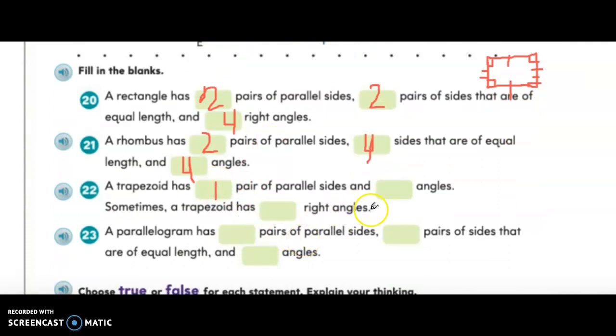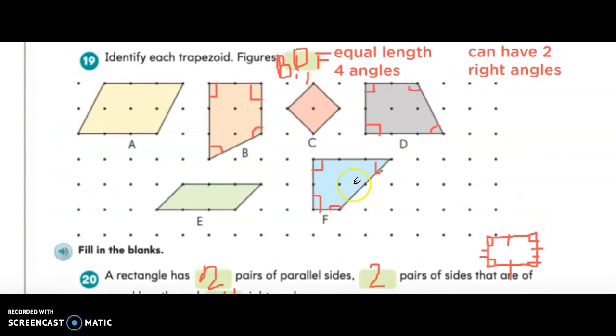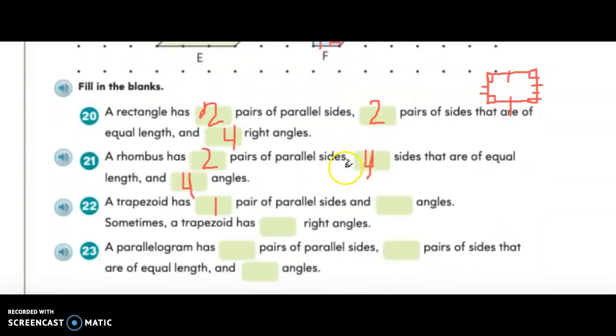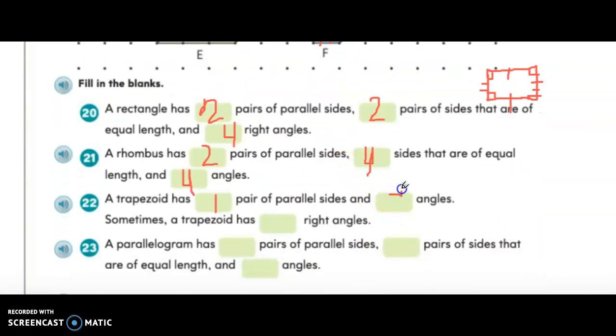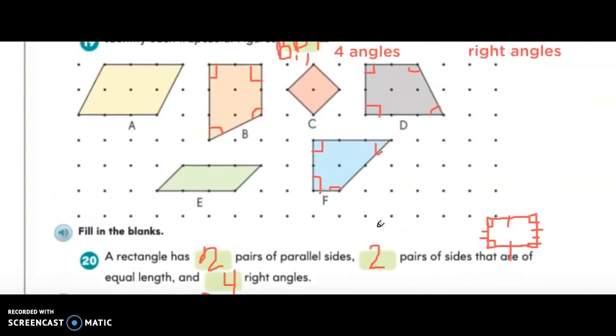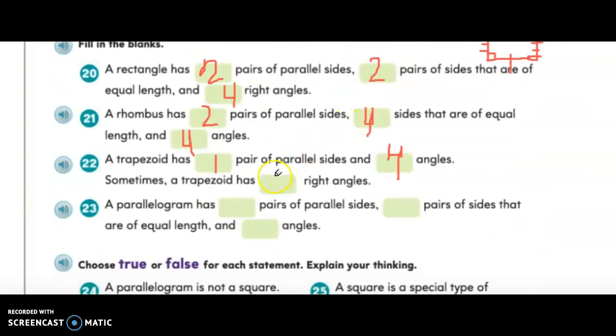Now, it also has some angles, but how many angles does it have? Let's go up here. Okay, so it has four angles, but sometimes a trapezoid has right angles, and how many are those? So remember, right angles, you're looking for those squares, so it would have two right angles.